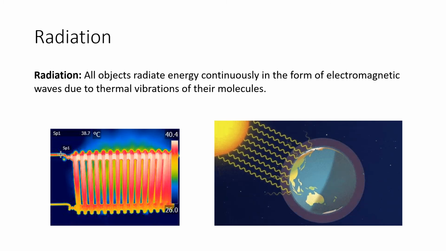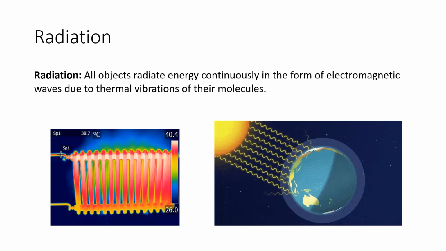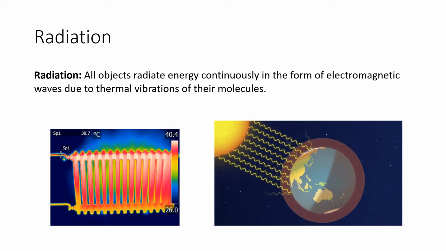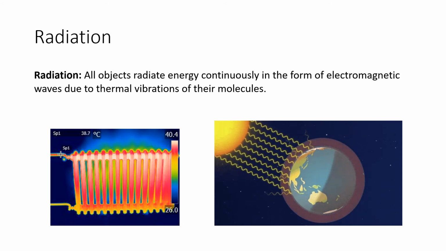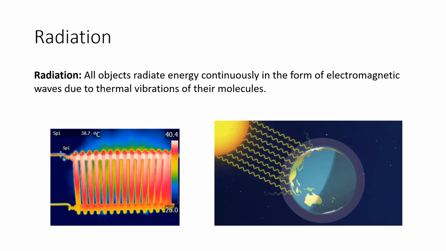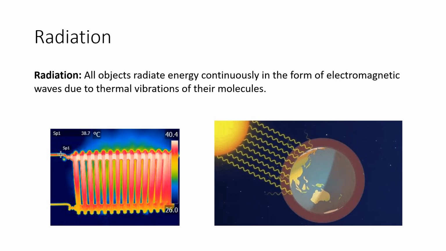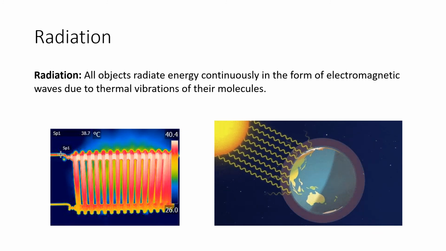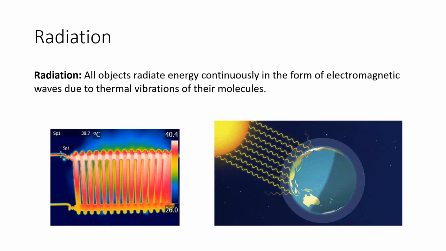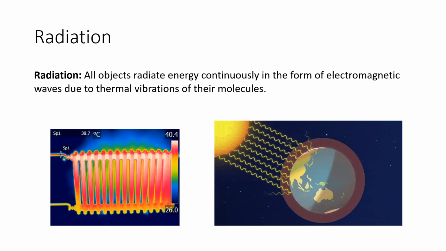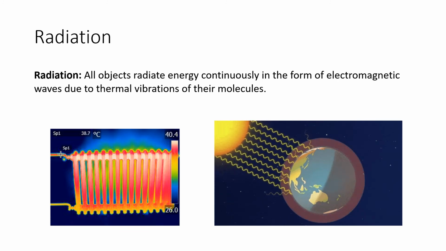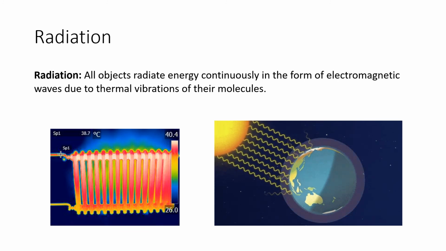You ever wondered why the sun is able to heat up Earth by being so far away? It's not even touching it. It's not even convection. Things moving around in space don't bring heat in. It's these direct electromagnetic waves that come directly from the sun onto the Earth's atmosphere.